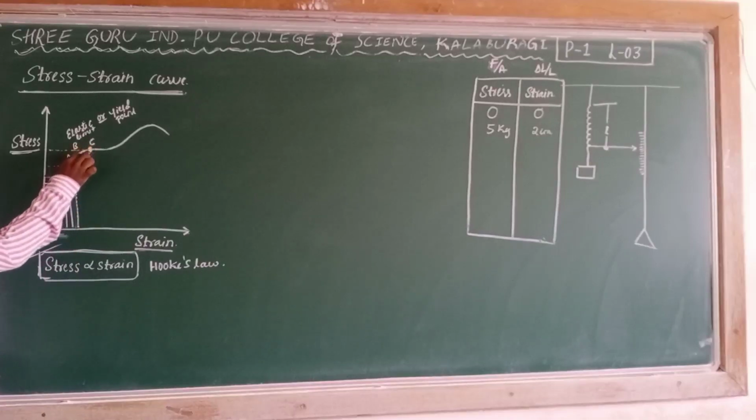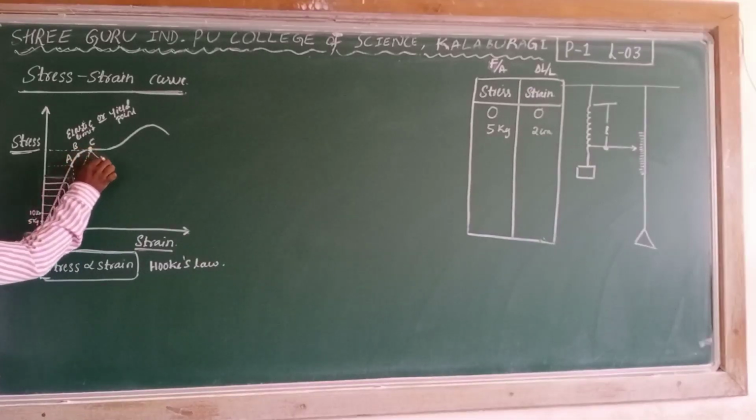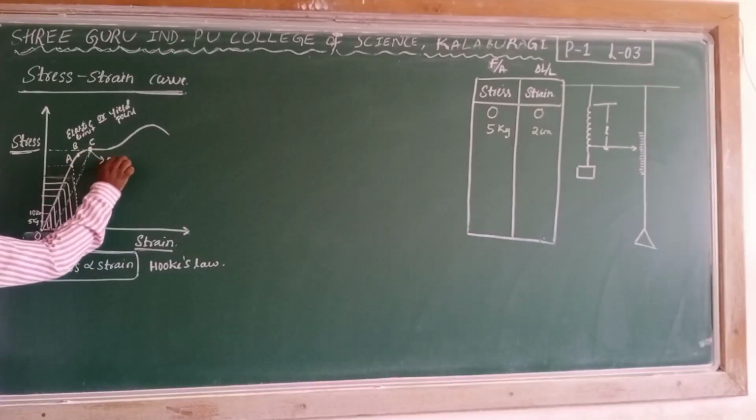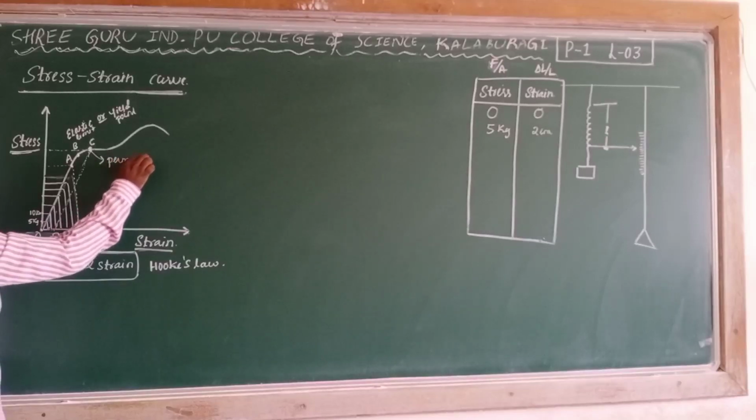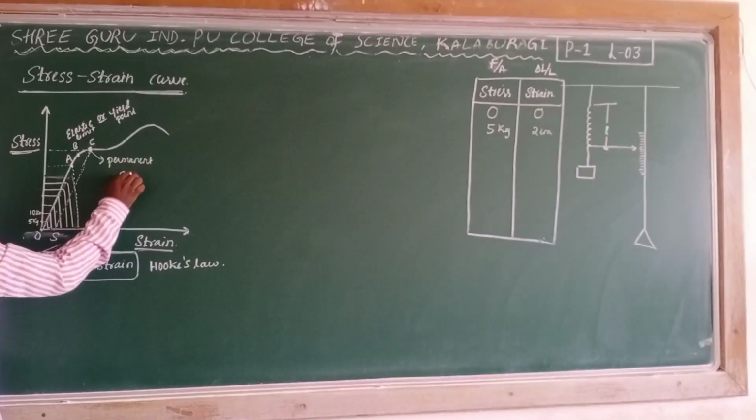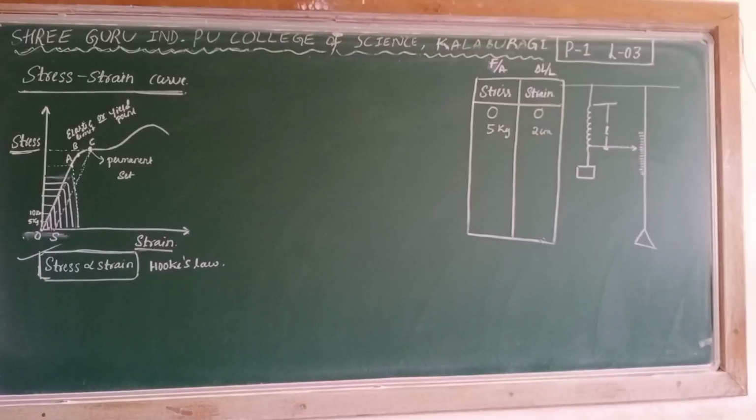And this C, as I already explained, is called the permanent set. Permanent set means the material is not going to regain its original shape after removal of the stress. It is not going to regain its original configuration.